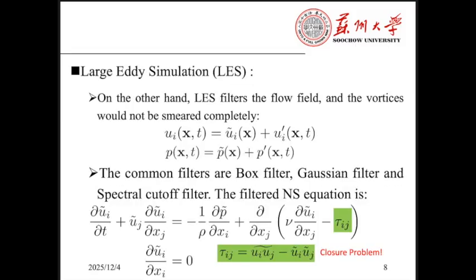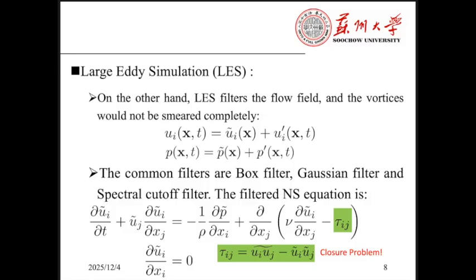The third methodology to simulate turbulence is large eddy simulation. On the other hand, LES filters the flow field, and the vortices would not be smeared completely. So ui now equals ui tilde plus ui prime, and p, the pressure, equals p tilde plus p prime.